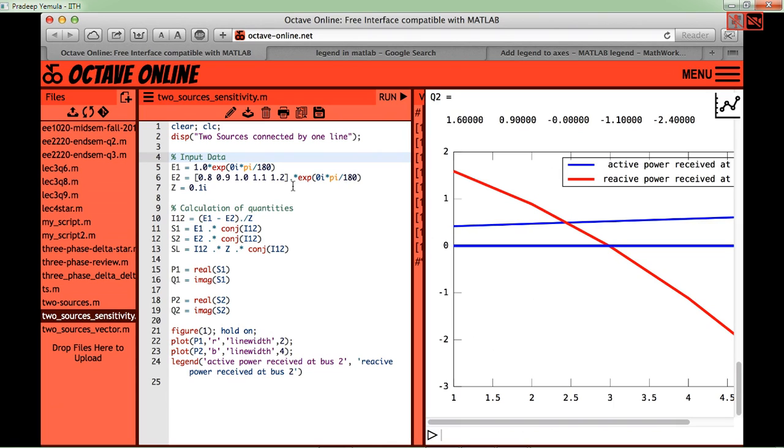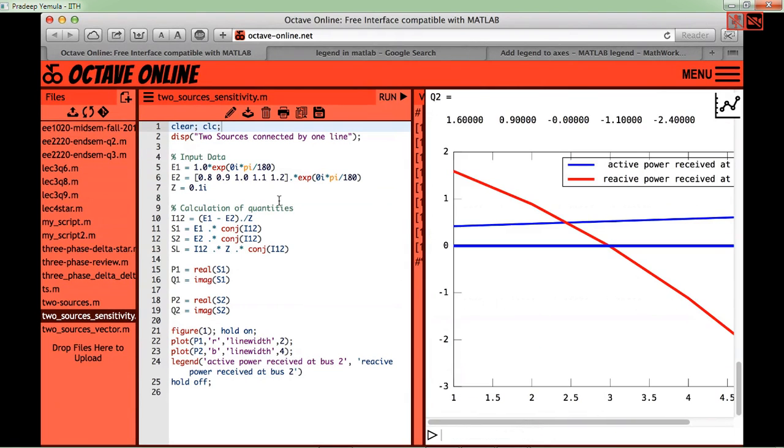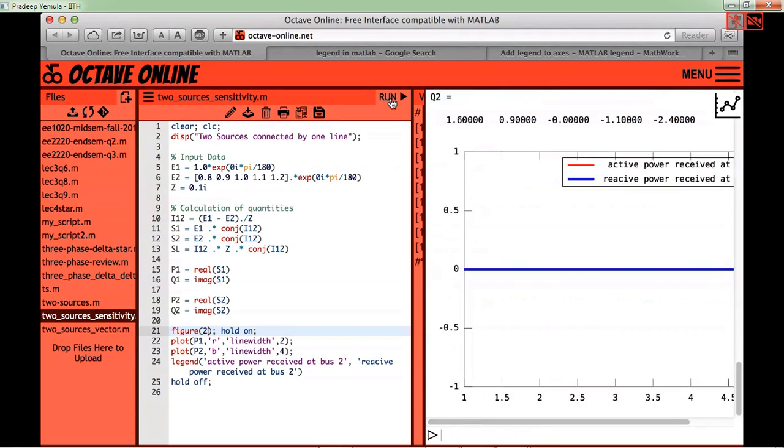Just a minute. So multiple plots are coming. Let me just correct it. I'll use figure 2. Yes, now we are getting it correctly.